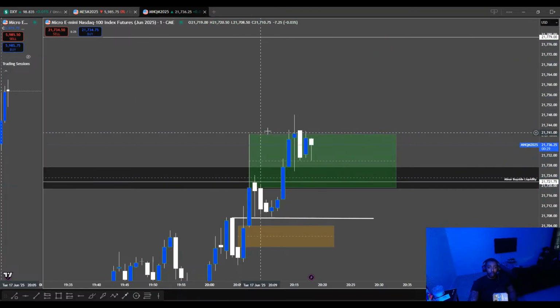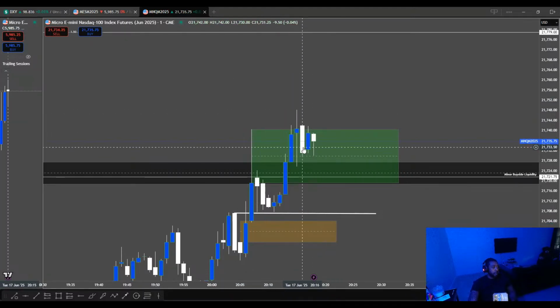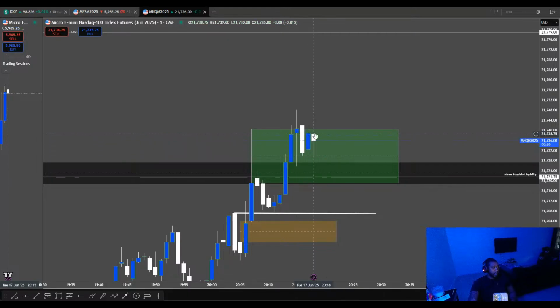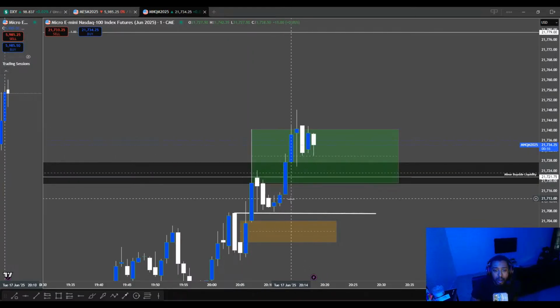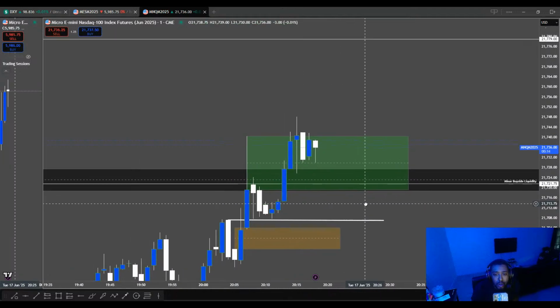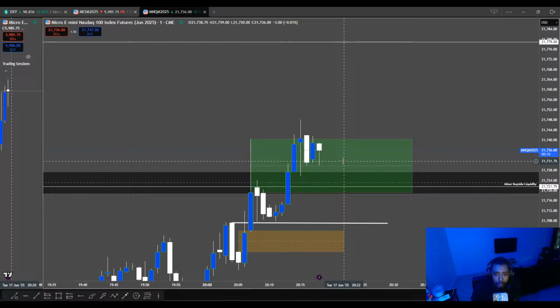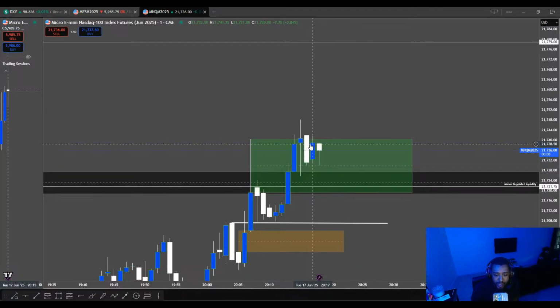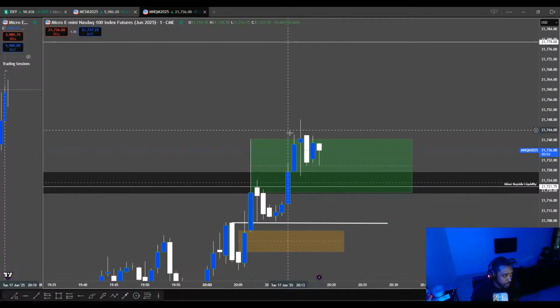You see how we really didn't get an aggressive close outside of the wick, right? But look at the bodies. Look where all the bodies are. The bodies are in the upper half, right? All the bodies are in the upper half. So the high, the low, equilibrium. If it stays in the upper half and expands, that's what we're looking for.